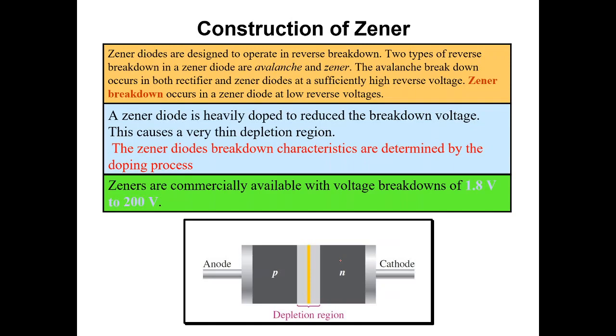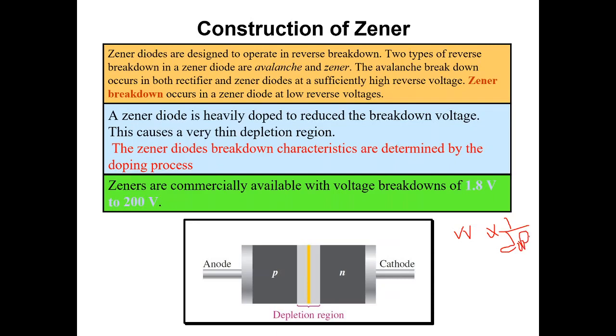In this, both the p-type and n-type materials should be heavily doped. What happens if we increase the doping concentration of the p-type and n-type materials is that the depletion layer will be very thin. Or else we can say the depletion layer width is inversely proportional to the doping concentration.